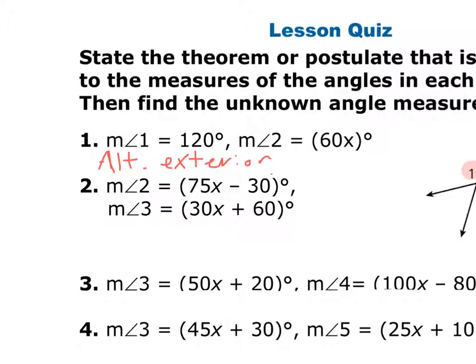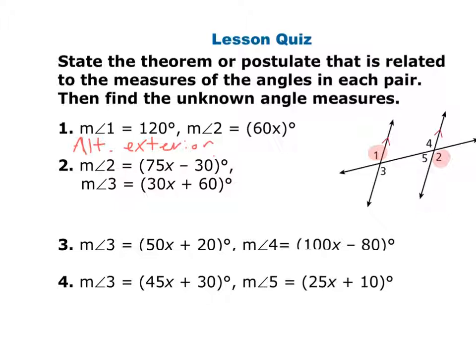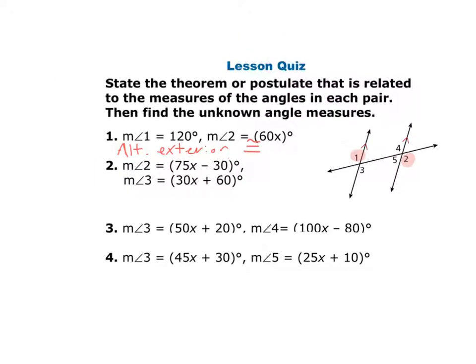And what do we know about alternate exterior angles? They're congruent, they're equal to each other. So if angle 1 is equal to 120, then what would angle 2 be equal to? 120 also.